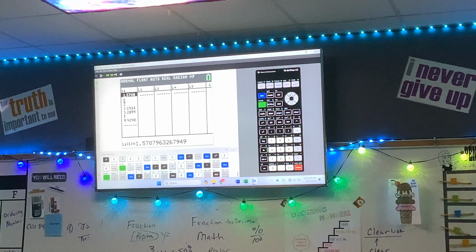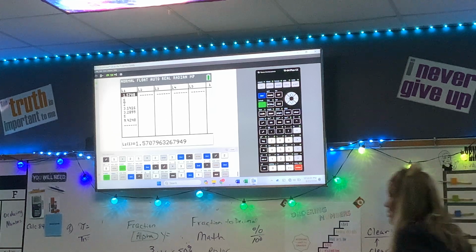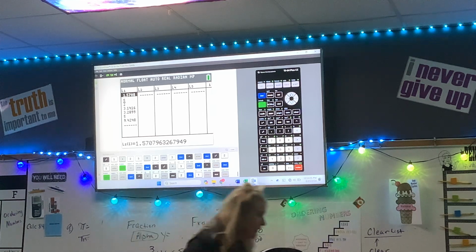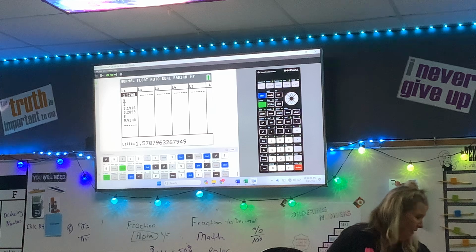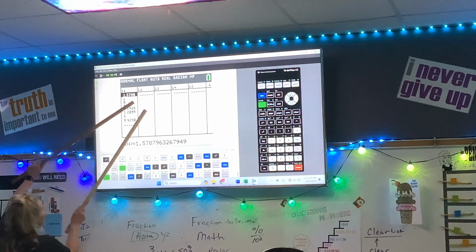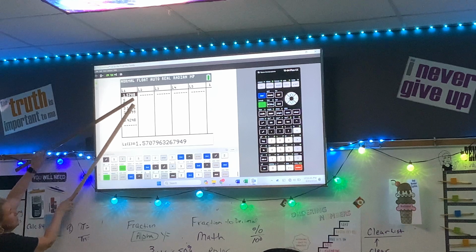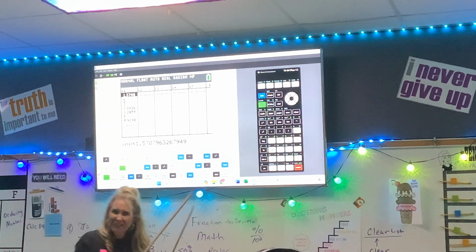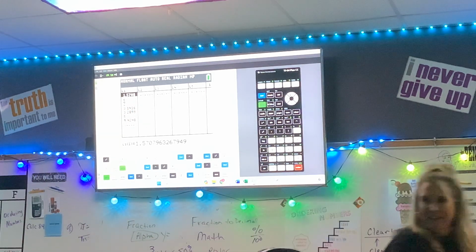Now, we're looking for which one does not fall between 5/2 and 9.42 because they switched. So there's my 5/2 and my 9.42. I'm just going to mark all those out. Which one is not in there? 1.57. Perfecto! See how easy that is?